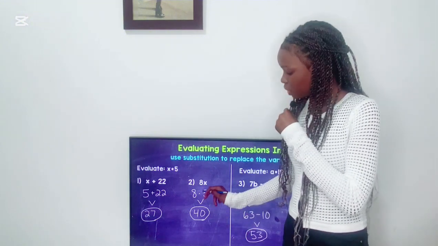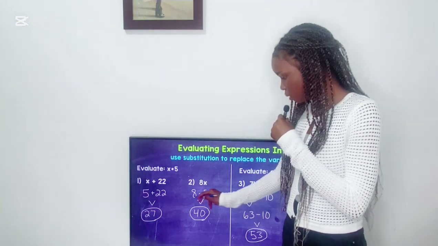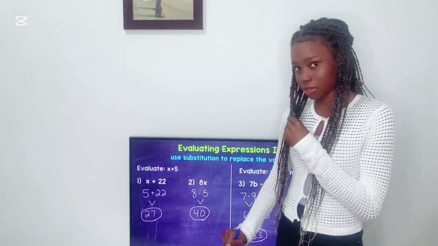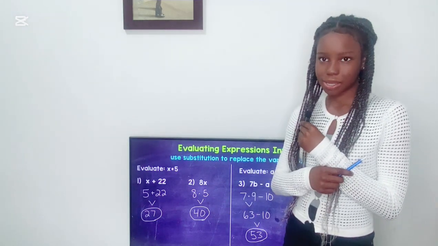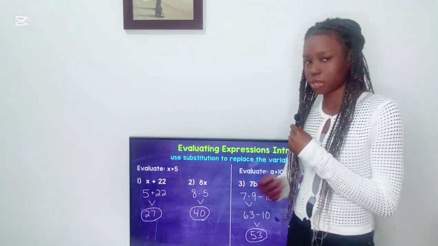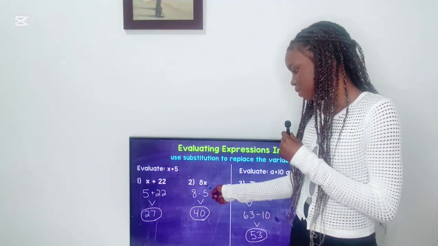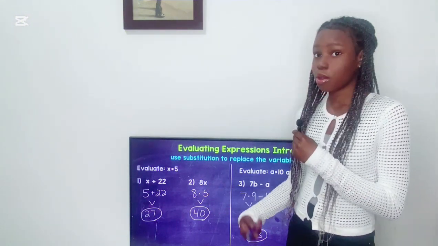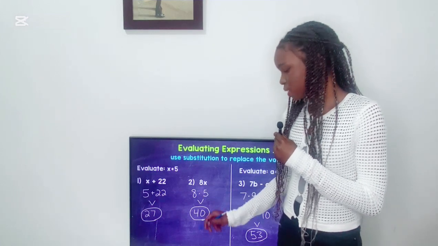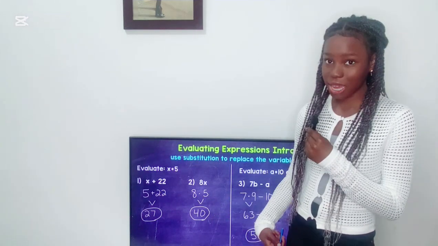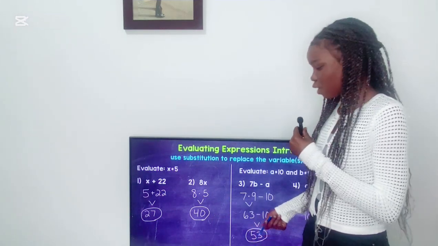So this means 5. 8 times dot 5. Why do we write this dot, you may ask? Why can't we just write the multiplication sign? Well, because remember, x and the multiplication sign are very similar. In fact, they're the same thing. So using x as multiplication when x is 5 can confuse a lot of people.